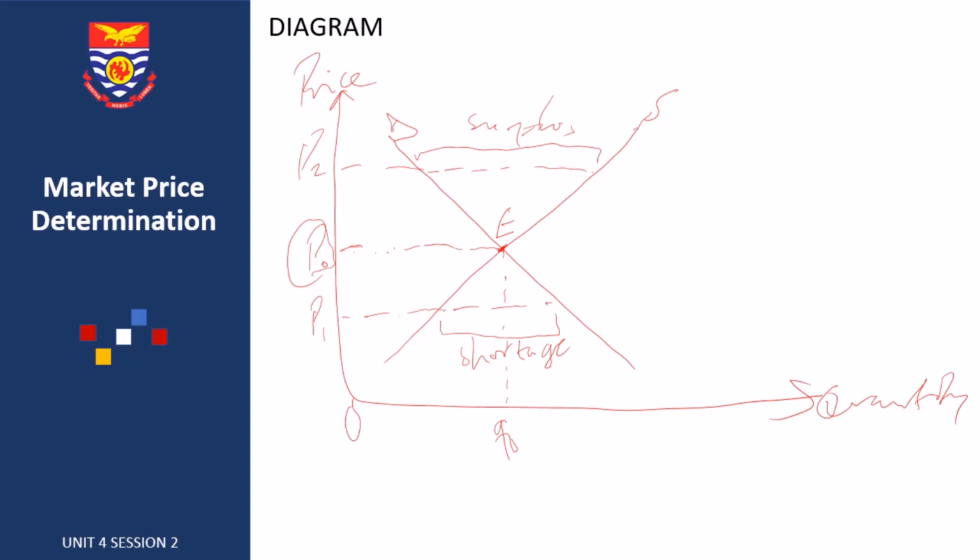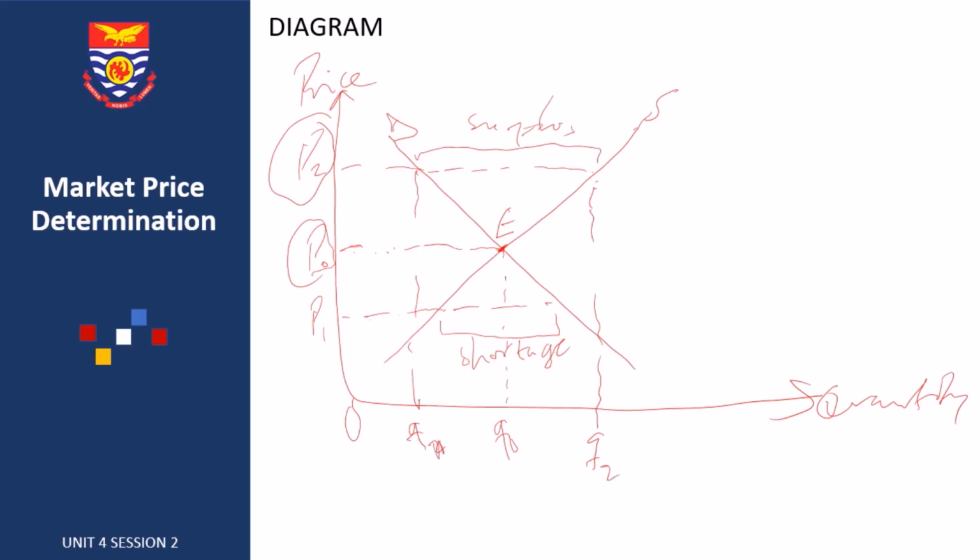At any price above the equilibrium price, that is P naught, the quantity that sellers will be willing to offer is more than the quantity that consumers are prepared to take off the market. So let's see here. When the price is at P2, the quantity that suppliers want would be say Q2, but the quantity that consumers want would be say Q1.